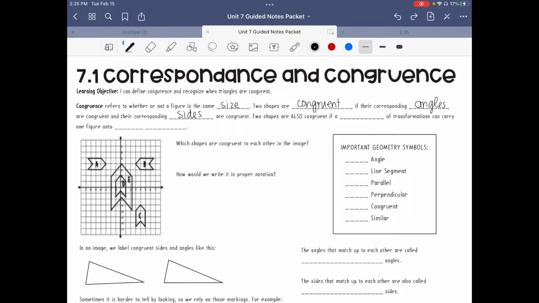So in 8th grade, we talked to you guys about congruent triangles, and they are congruent if all of the angles are congruent to each other and all of the sides are congruent to each other.